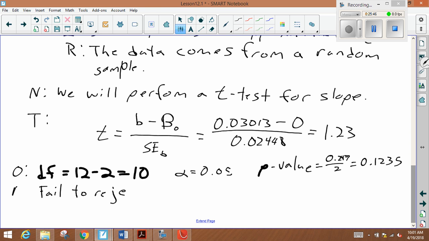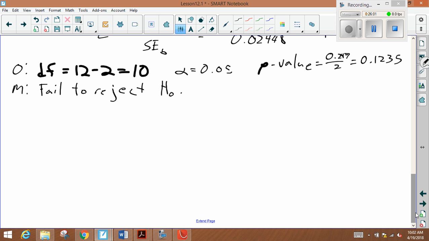We're going to make a decision by failing to reject. I always say the null hypothesis, and it is so much quicker to just write that. And we can say we're going to use the S part. Don't forget the S. It's very important that you state your conclusion in context. So we do not have convincing evidence.